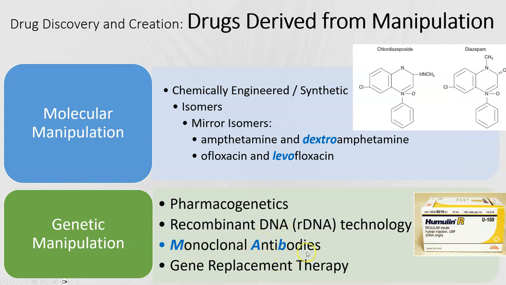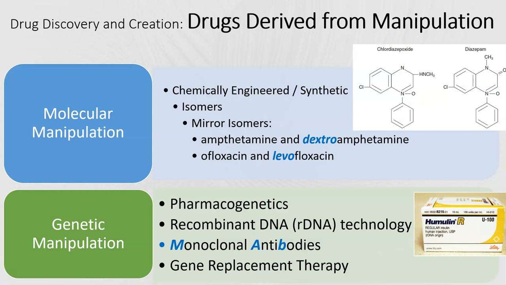So they're going to fight against something for our body. It's a monoclonal, which means it's one colony antibody. And I've capitalized the M, the A, and the B because your drugs that fall into a monoclonal antibody class will end in MAB. So we use that to help us identify.